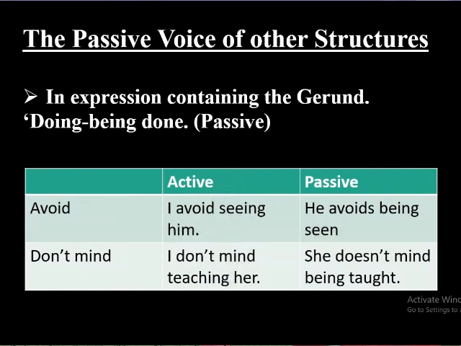Let us look at the example. Avoid. Active. I avoid seeing him. The passive will be he avoids being seen. Don't mind. The expression I don't mind teaching her. The passive form for this sentence will be she doesn't mind being taught.